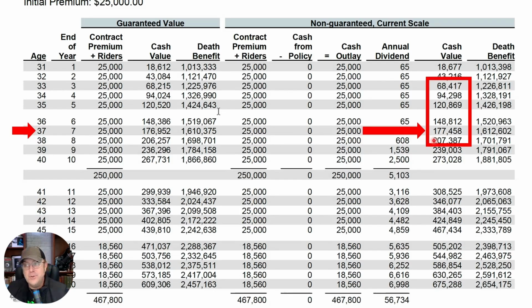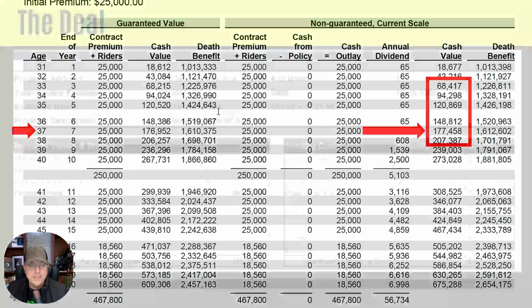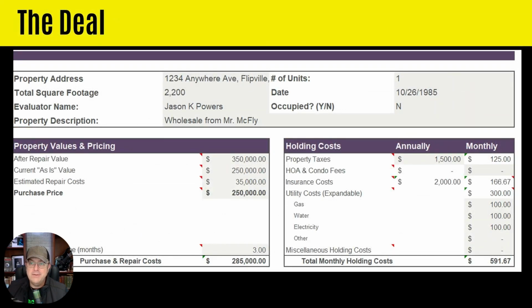So we want to start utilizing this for fix and flips in this example and how we could turbocharge our existing strategy. Here's a breakdown of a scenario. If this deal was a $250,000 purchase with a $35,000 rehab and $350,000 ARV, it was estimated to be about a 3-month hold with typical holding costs.